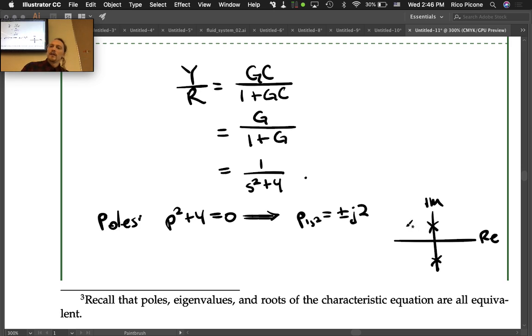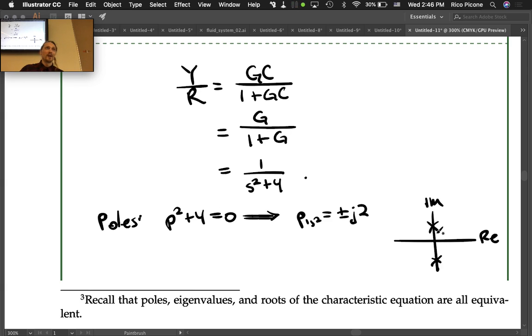Yeah, so it's marginally stable because, first of all, it's not unstable, okay? It would be unstable if it had any positive real part poles, which it doesn't. It would be unstable if it had any multiplicity greater than 1 poles on the imaginary axis, which we don't have.